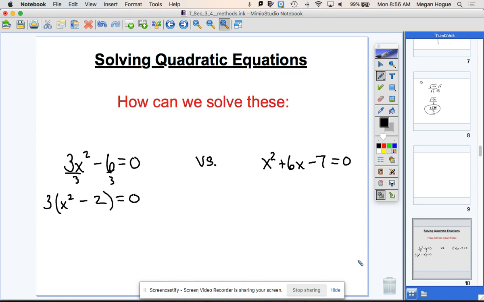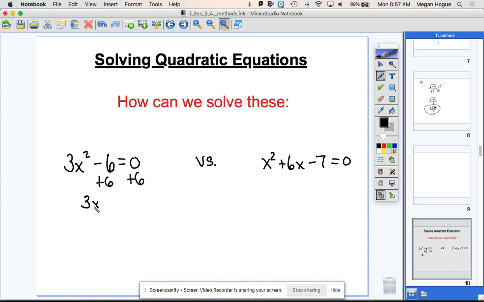What's my other way to solve? I actually have two, but we talked about it last week. I divide by 3, but I wouldn't have done it yet. Get it on one side, meaning move the 6. So, square root method. So I'd add 6.